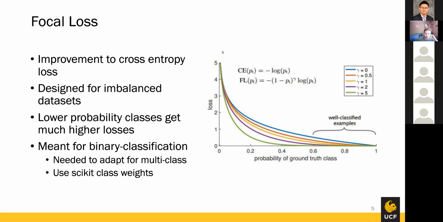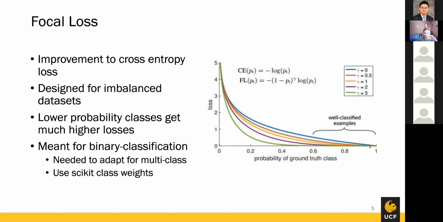Basically, it's designed for imbalanced data sets, mostly or primarily binary classification, but I had to adjust it for multi-class. I defined an adjustment. But the intuition is that you have these lower probability classes. If it's, let's say, the probability of that class showing up is 10%, the loss is seen up here, so it gets a much higher loss.